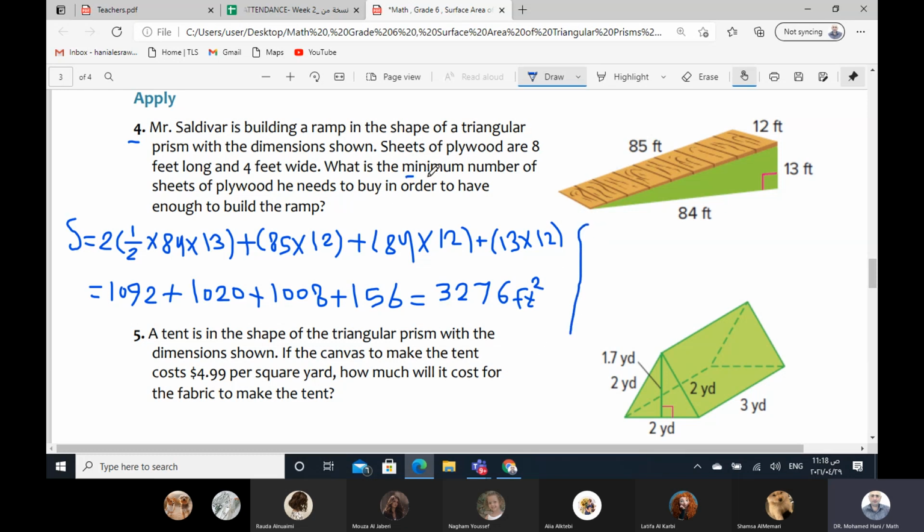Then to know the minimum, we have here the sheet of plywood is 8 long and 4 wide. So the area here will be 8 times 4 will be 32 feet squared.